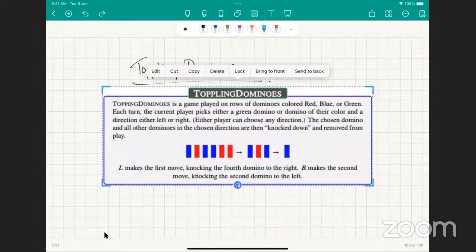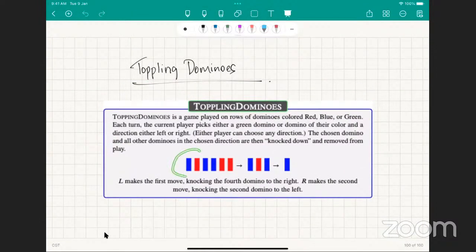So good. We have a sequence of dominoes, as you can see here. Now, in this particular example, we appear to not have green dominoes specifically, but let's say that that's the general state of the game. Now, on your turn, you can pick a green domino, which is a neutral domino, or you can pick a domino that's your color. So if you're the red player, you can choose a red domino.